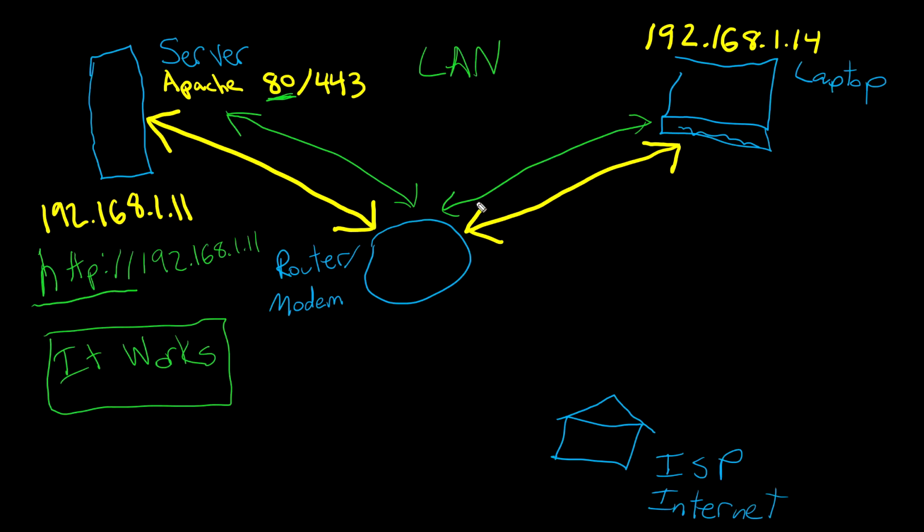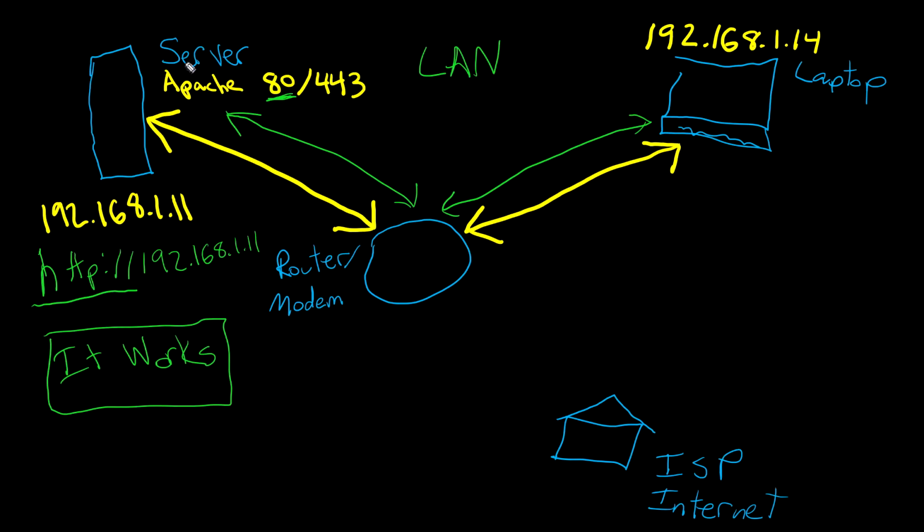All right, so at that point we know that everything is functioning properly on your local area network. Now if you're not getting this, then you've got to figure out what's going on. Why is this not working? It's very unlikely to be the router at this point. What it most likely is, is to double check and make sure that Apache is actually running.